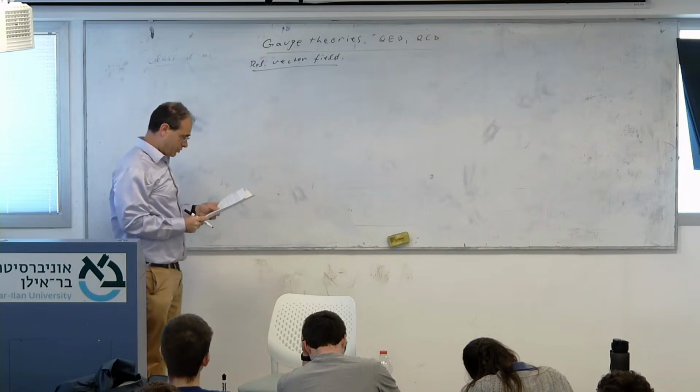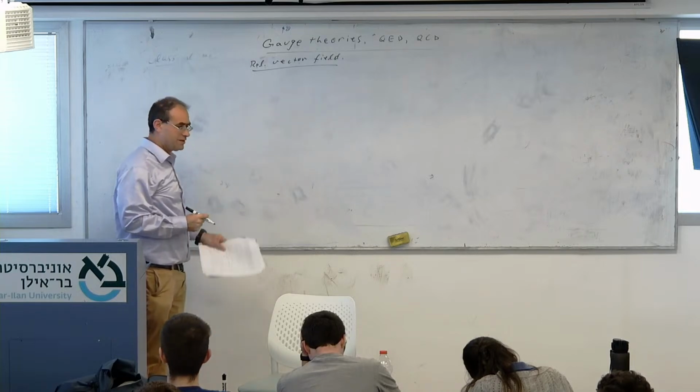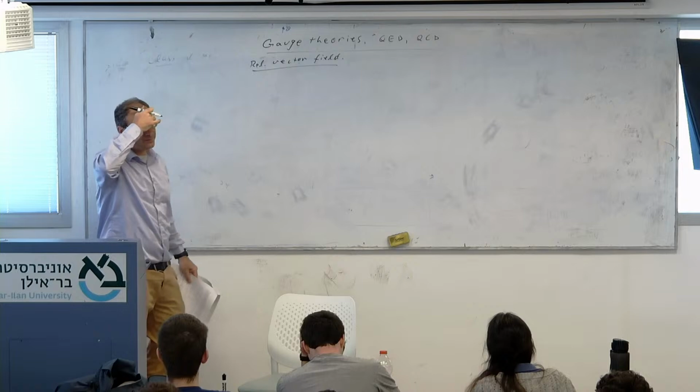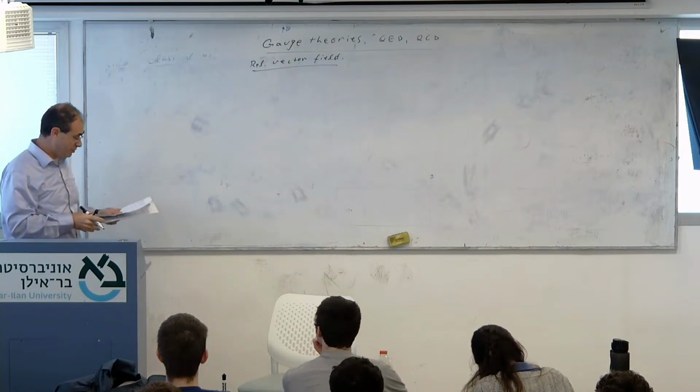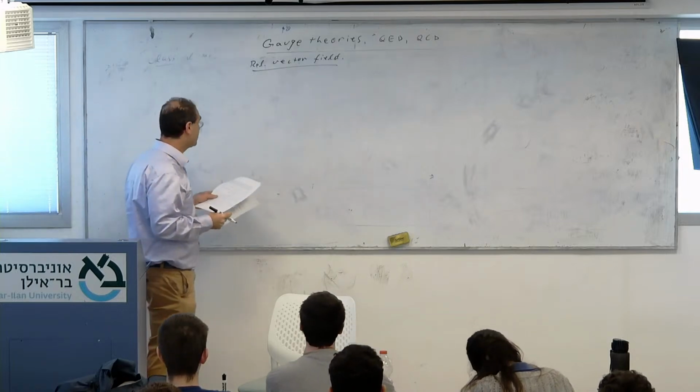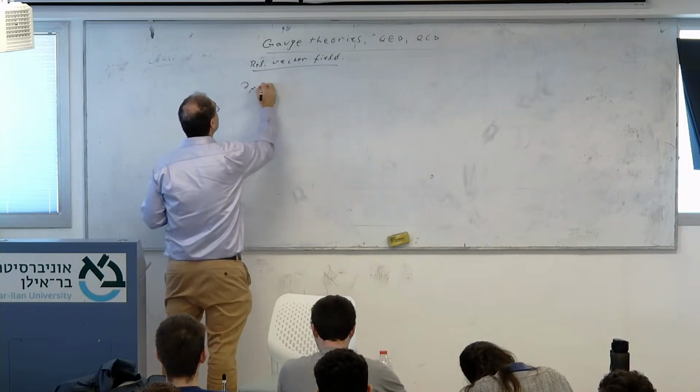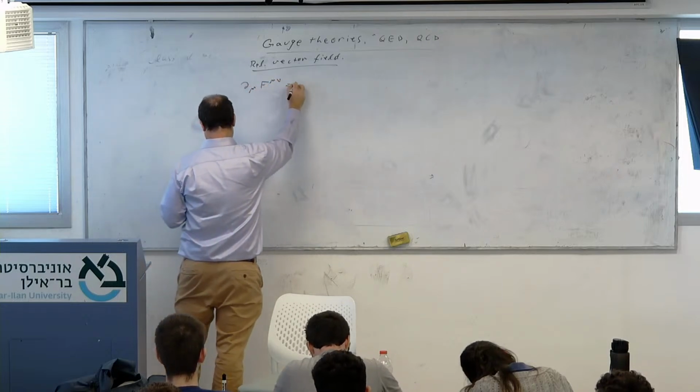Remember the relativistic version of Maxwell's equation for the electromagnetic field? We had D mu F mu nu equals J nu.